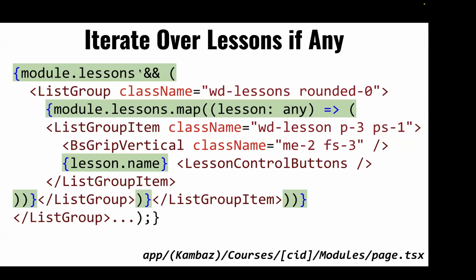If so, notice the ampersand ampersand, meaning if this is defined, if this exists, this returns either true or false. If it does, then we keep rendering another sub list of lessons. We're going to iterate over the lessons and render the name of the lesson, if there are any lessons defined for that module. Okay.